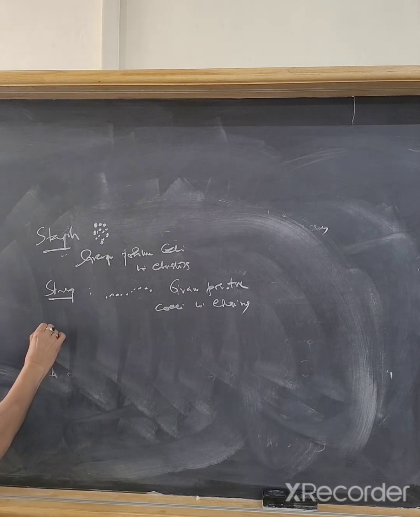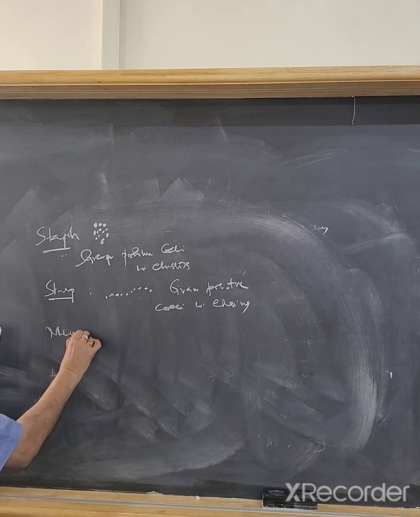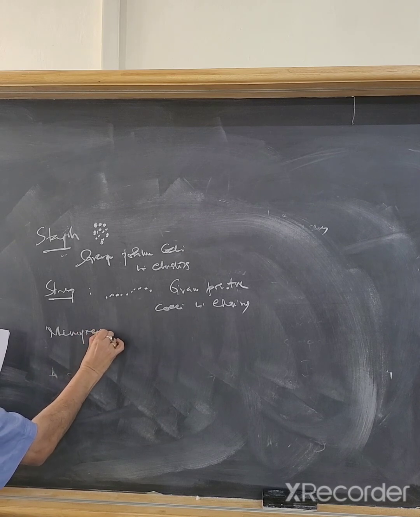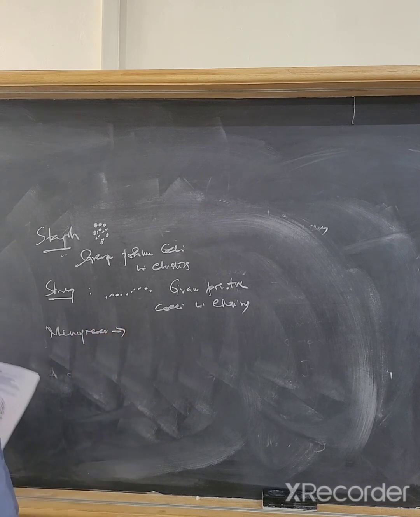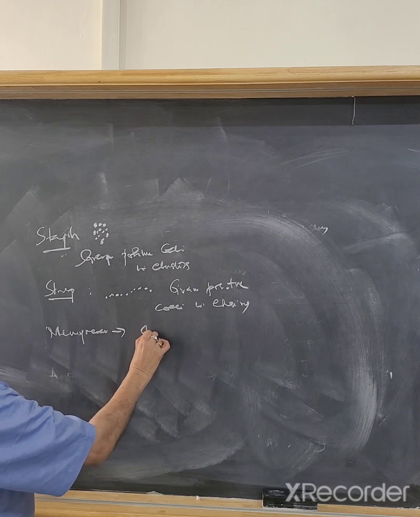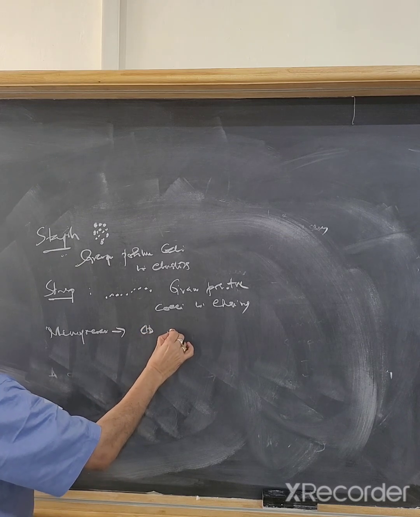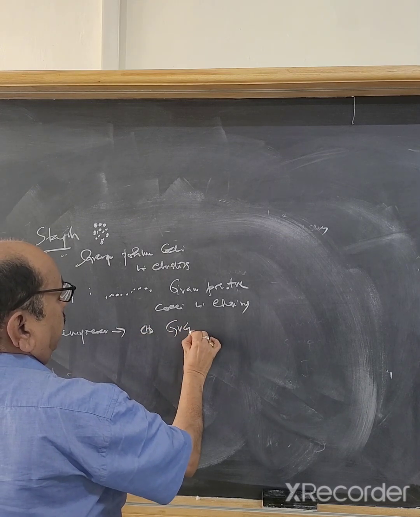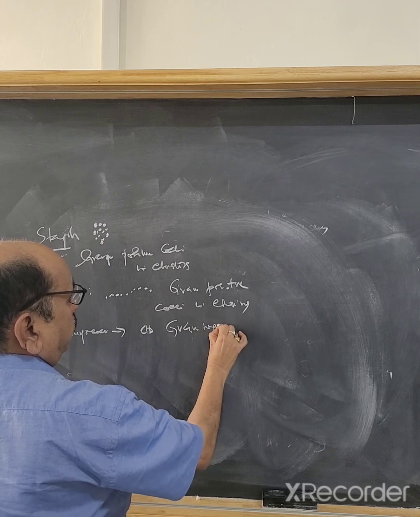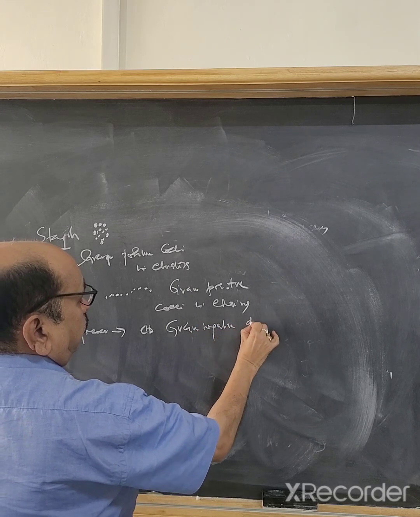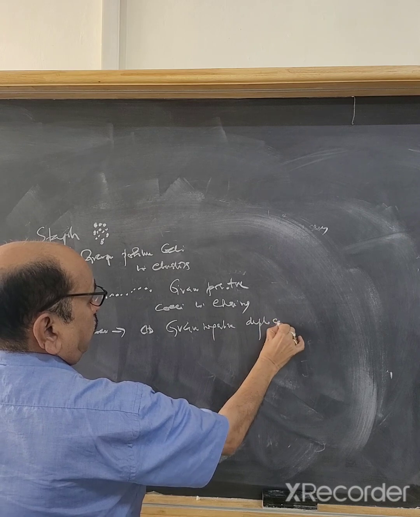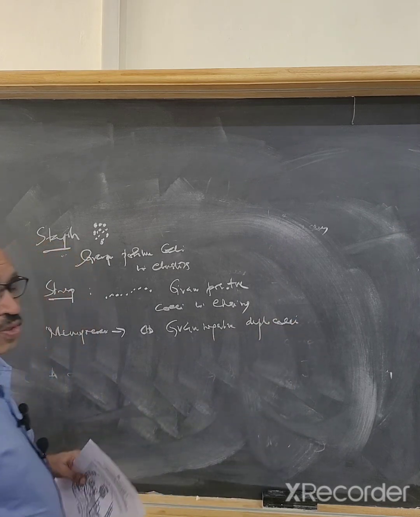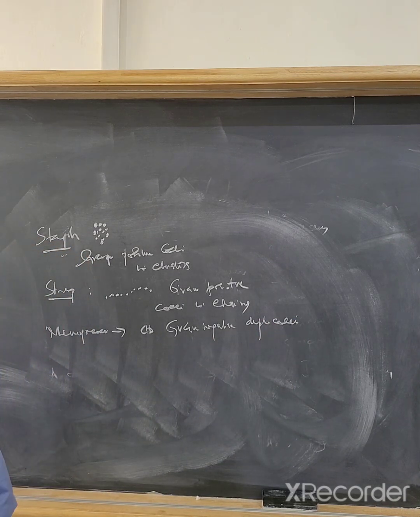Then meningococci, which is plano-convex. It's a gram negative diplococci.